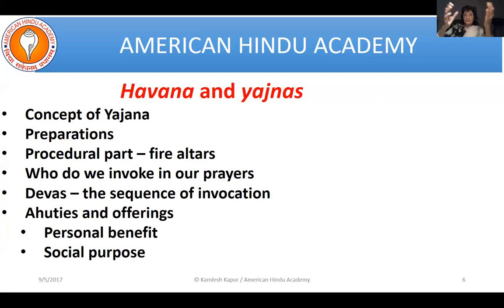So this is constructing fire altars. Usually fire altars are constructed in various different ways: square, circles, falcon shape, all kinds.